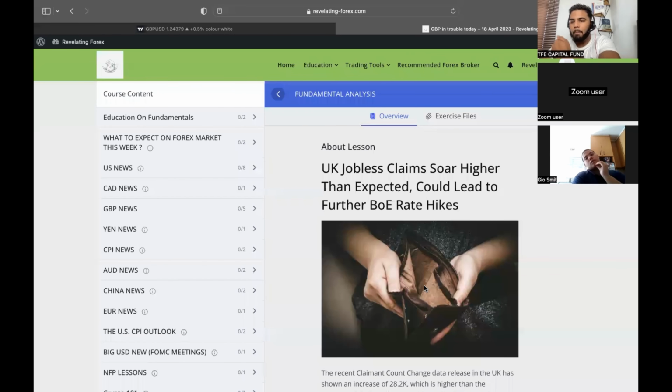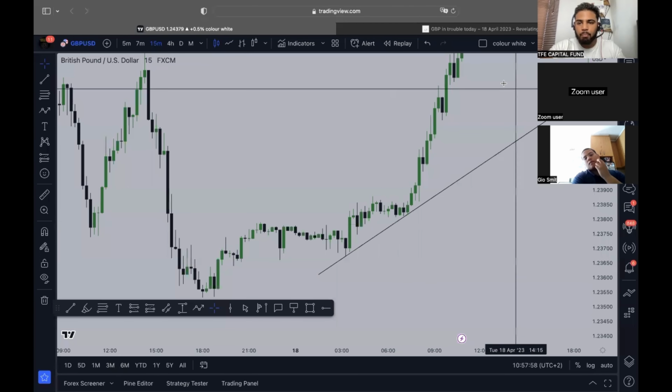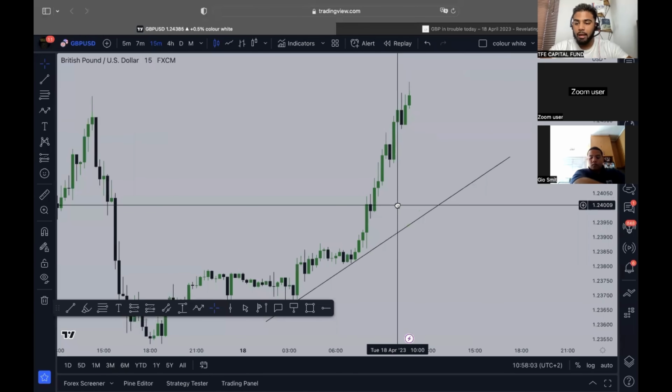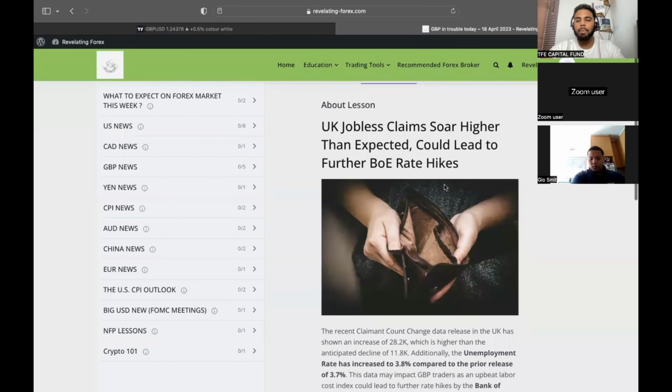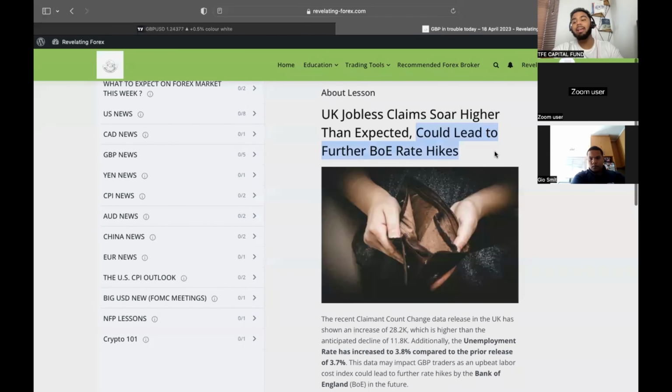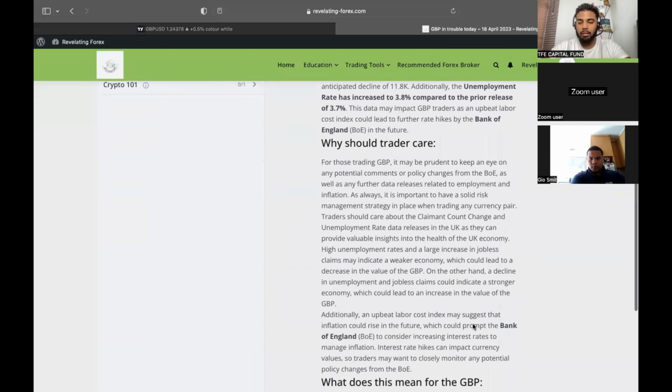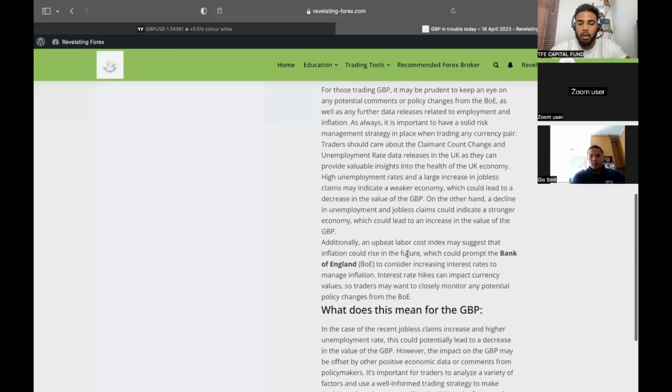If fewer people are able to spend pounds, that means the pound will be affected negatively. So this could lead to further BOE rate hikes. Basically, the Bank of England could potentially consider increasing interest rates to manage inflation, if you read here.